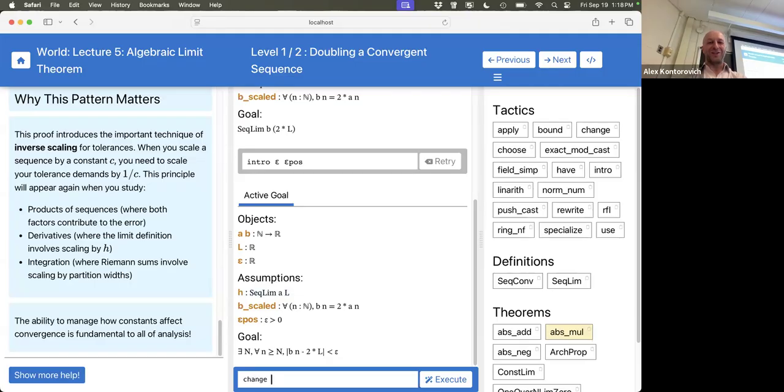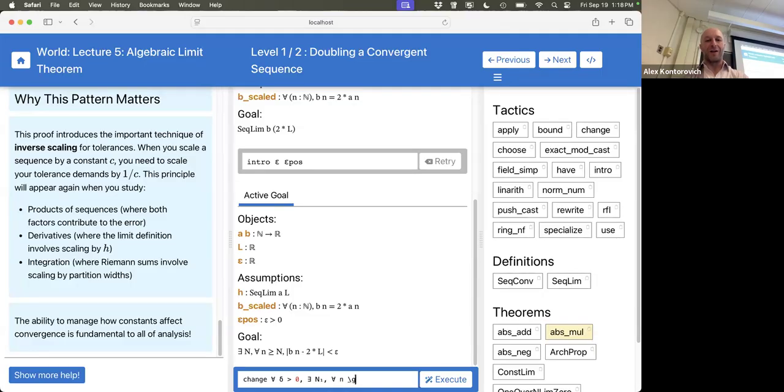Okay, so change for all, let's give this a different name, delta positive, just so that we don't confuse the dummy variable there. That's a very good thing to do. There exists a capital N1. Maybe, do you guys mind if I put subscripts?